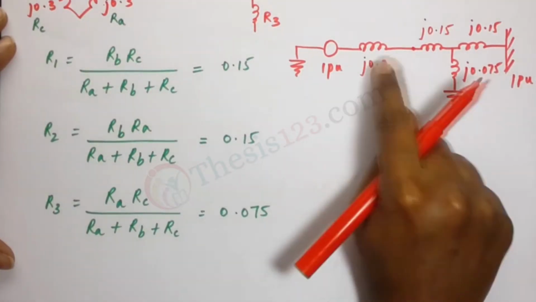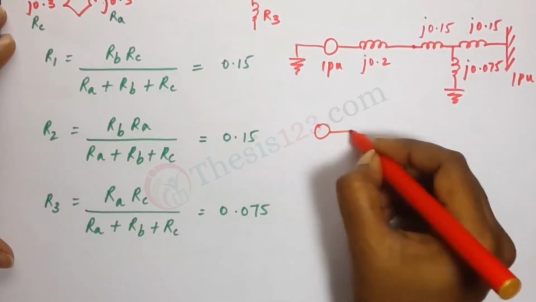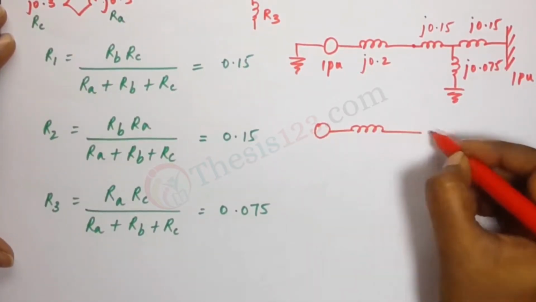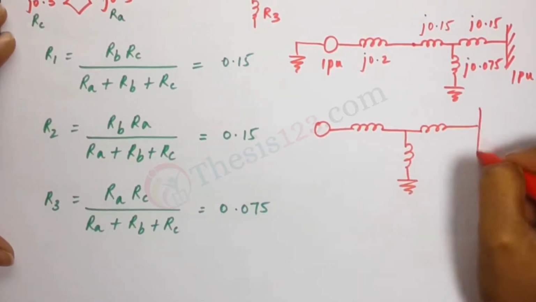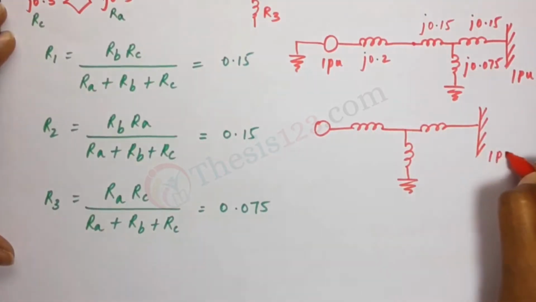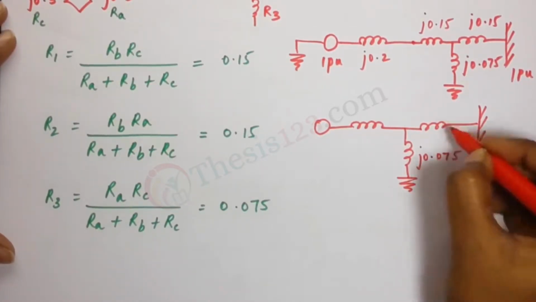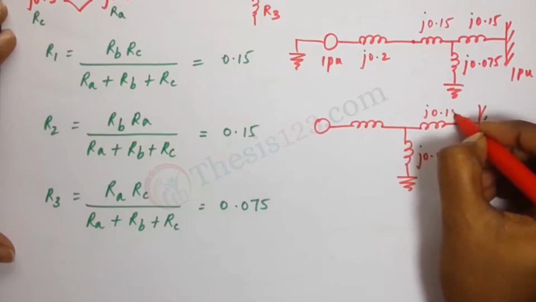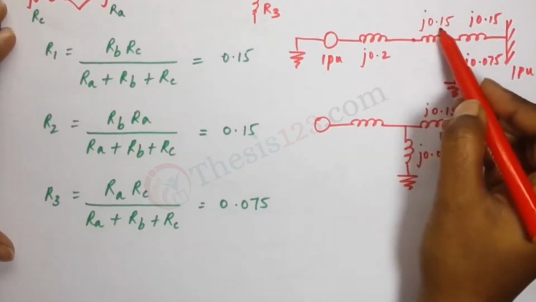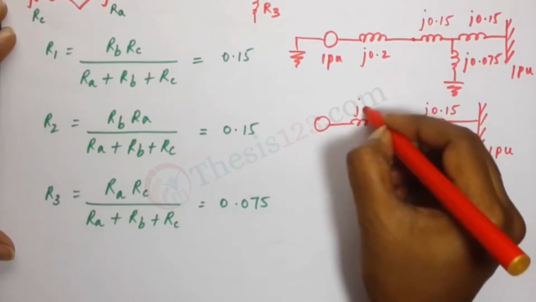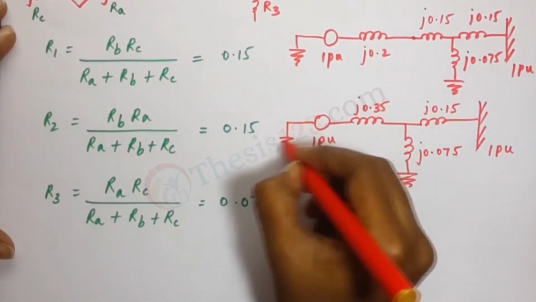Now these two impedances are in series, so we can just add them to give us one value. So this is what we get now. This is 1 pu, this is J0.075, this is 0.15, and here this is 0.2 plus 0.15, that's J0.35, and here we have 1 pu.